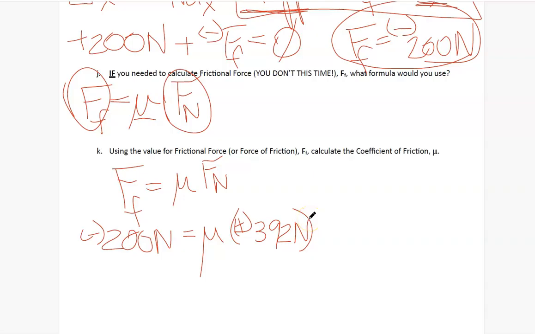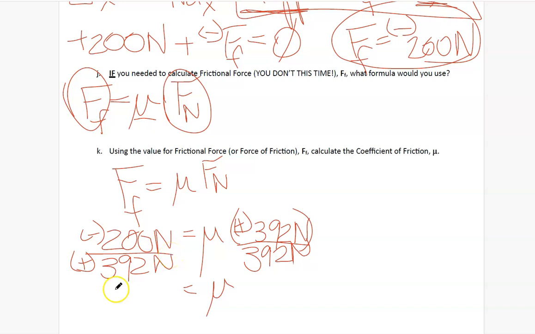Now, why am I keeping these positive and negative signs in parentheses? Because if I divide both sides by 392 newtons, and I'm just putting in parentheses the positive and negative signs, we get that mu is this ratio, and that works out to be 0.51.